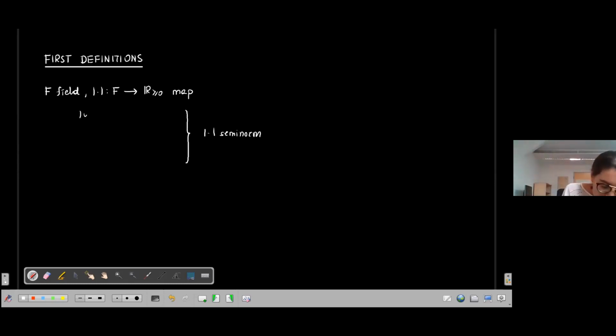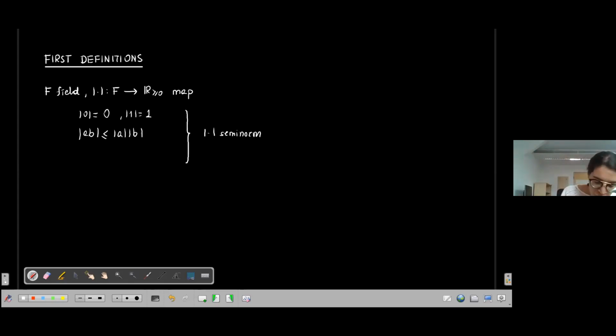We want the semi-norm of 0 to be 0, the semi-norm of 1 to be 1. And then whenever we consider a product of 2 elements A, B in F, the semi-norm has to be smaller or equal than the semi-norm of A times the semi-norm of B.